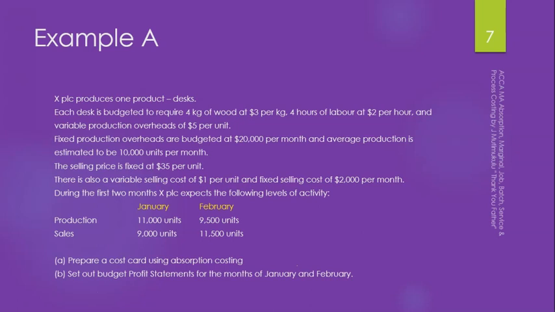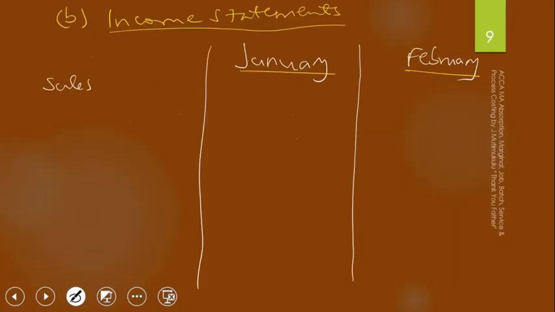The selling price is $35 per unit. Right, but how many units did we actually produce? We produced 9,000 units. So that's 9,000 multiplied by $35 to get the total sales.